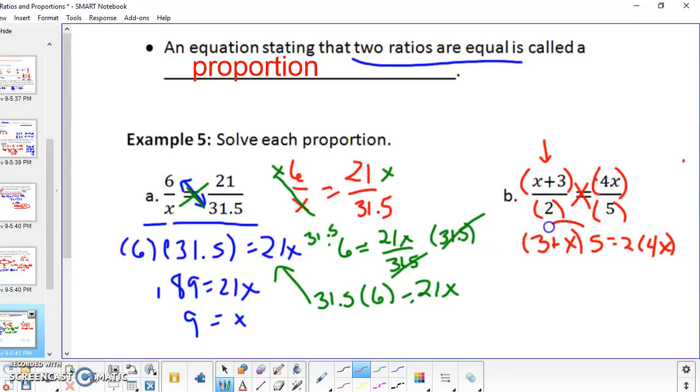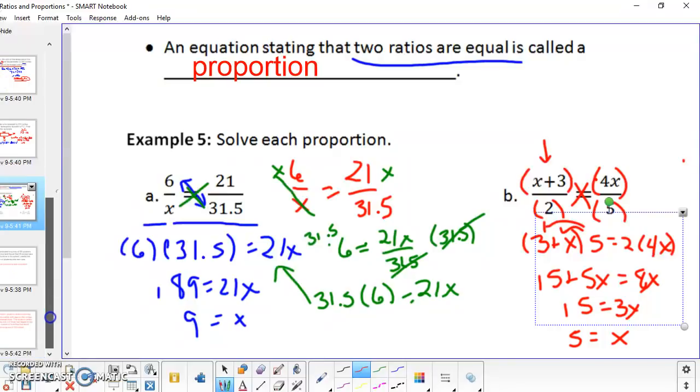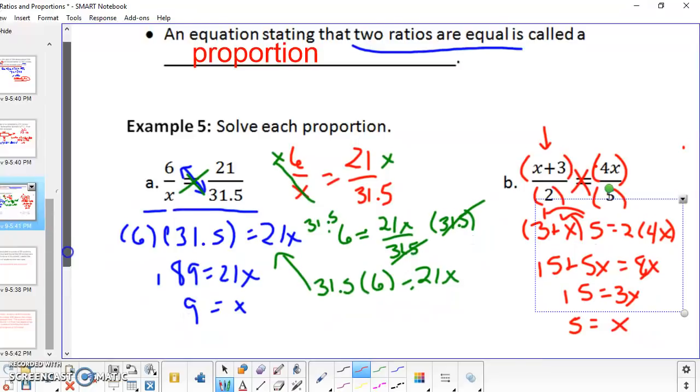So you have to distribute your 5. 5 times 3 is 15. 5 times x is 5x. 2 times 4x is 8x. We subtract 5x from both sides. We get 15 equals 3x. And then we get x equals 5. So that's what we're talking about when we're talking about solving proportions.